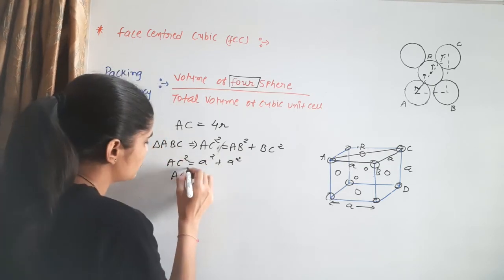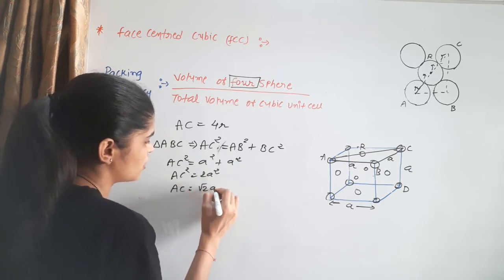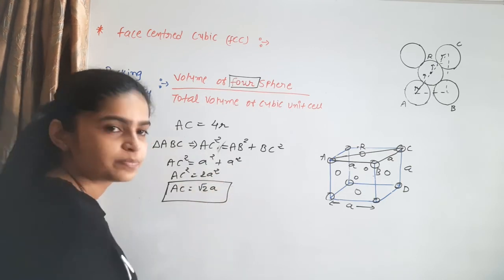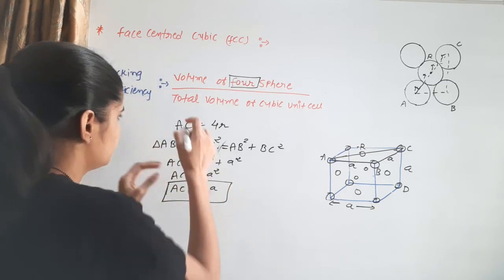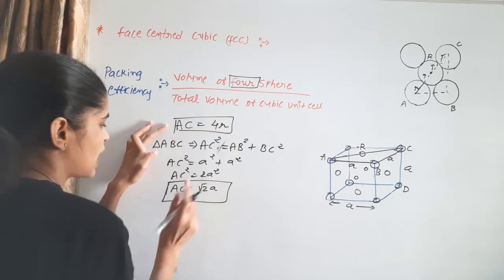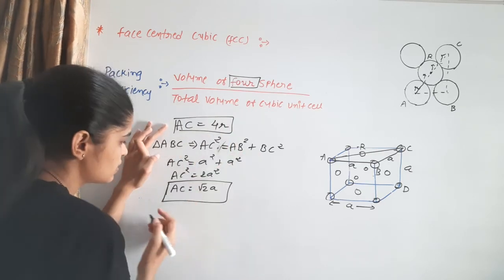So AC square is equal to 2A square, and AC is equal to root 2 A. AC is equal to 4R and AC is equal to root 2 A, so left hand side and right hand side are equal.